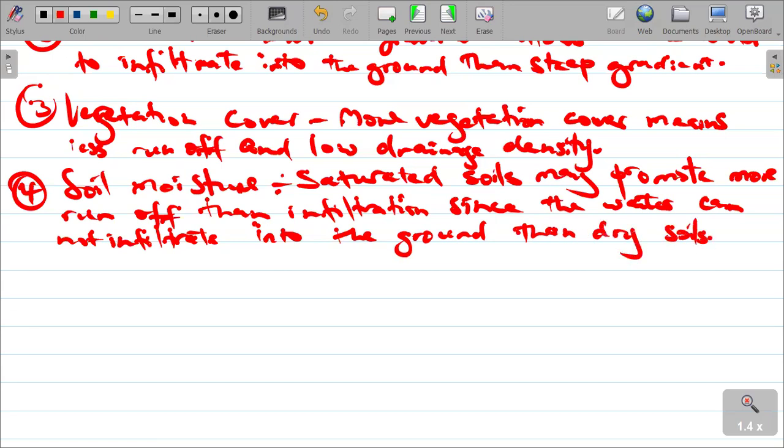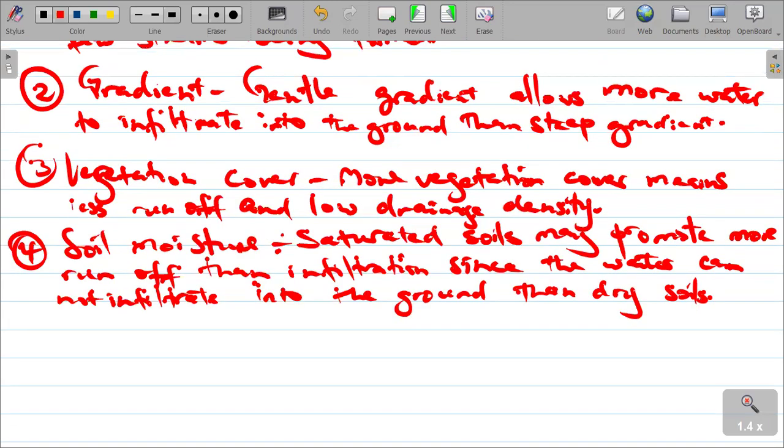So what you need to understand, class, is that the amount of moisture that is already in the soil before it rains defines how much water can infiltrate or sink into the ground. If there is too much water in the ground before it rains, we call that antecedent moisture.